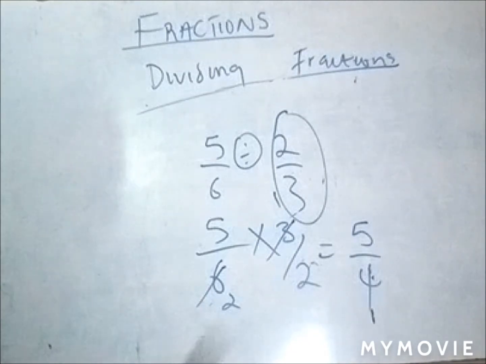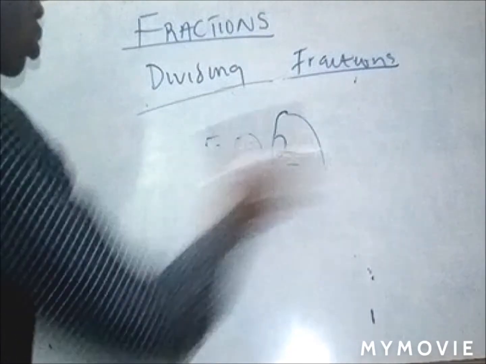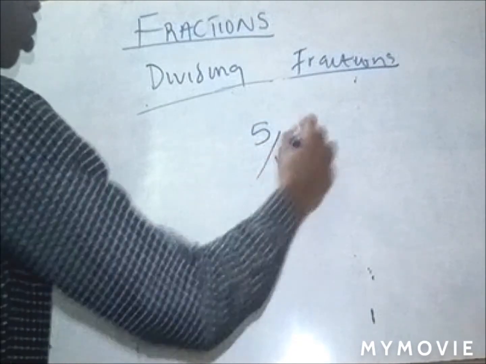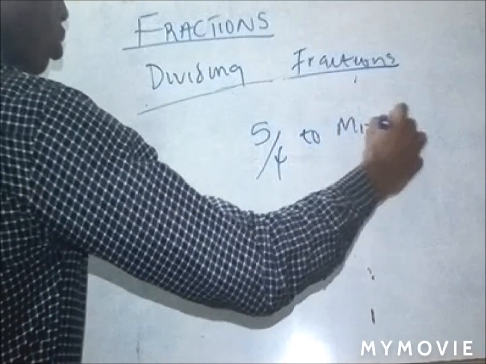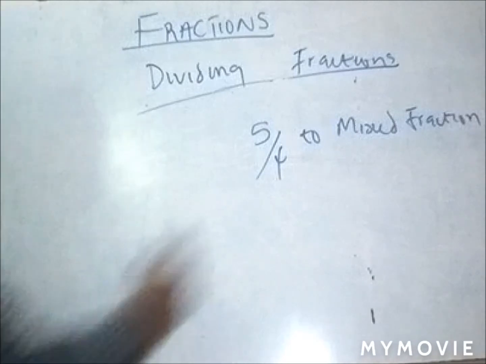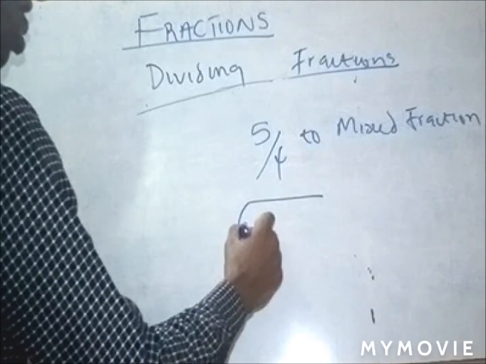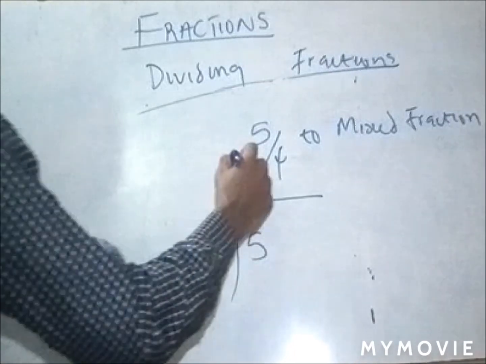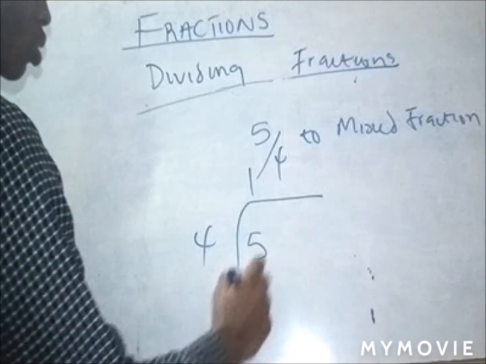So if you want to change 5/4 to a mixed fraction, use the long division method. You put 5 here, put 4 here. 4 into 5, you get 1. 4 times 1 is 4.